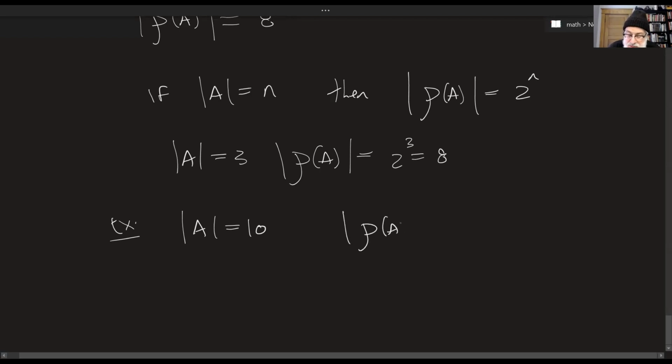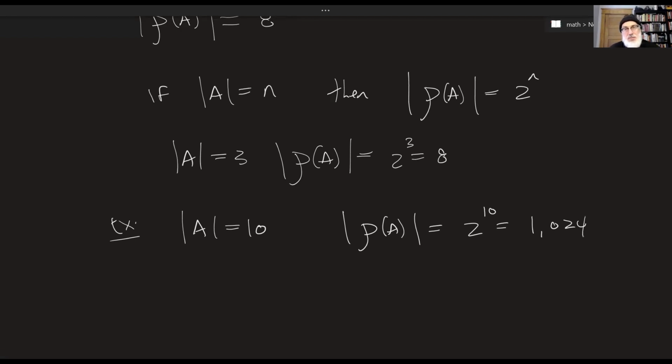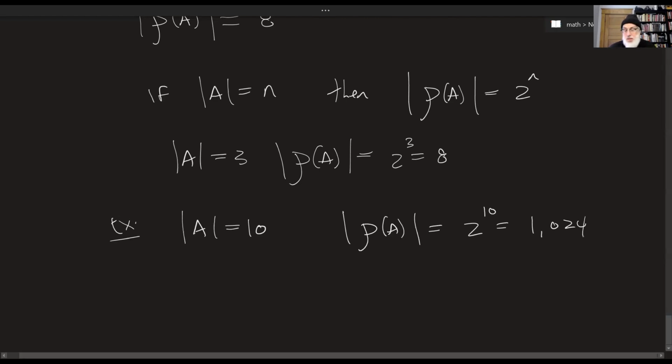That means the power set of A, all of the subsets that we can make from that, is equal to 2 raised to the 10th, or 1024. So there are 1024 subsets of A when A has 10 elements. Now that's quite a lot. I'm not going to even begin the list. So that is a handy tool.